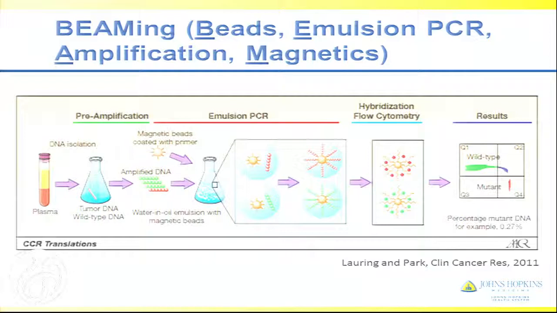We have billions of bubbles that have, statistically speaking, one or none of the DNA fragments, so that you can really have individual PCR reactions for either wild type or mutant. And in this bubble is also a magnetic bead. The magnetic bead binds in a sequence-specific way to the DNA fragment or to the target gene region.